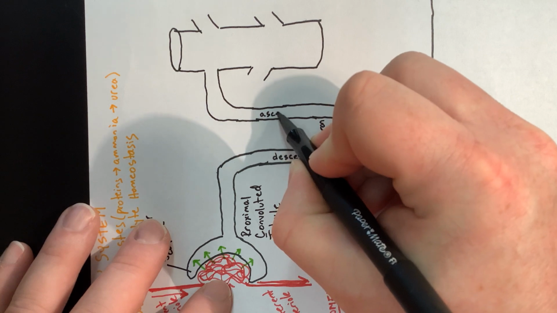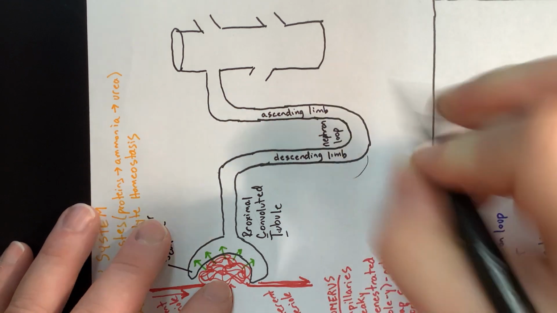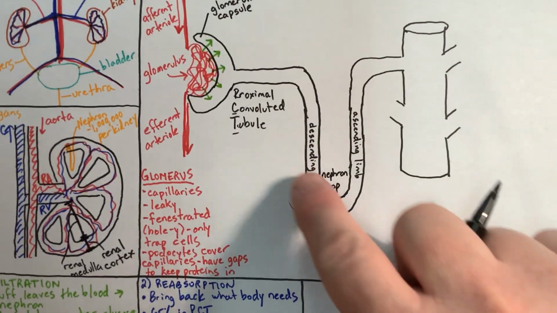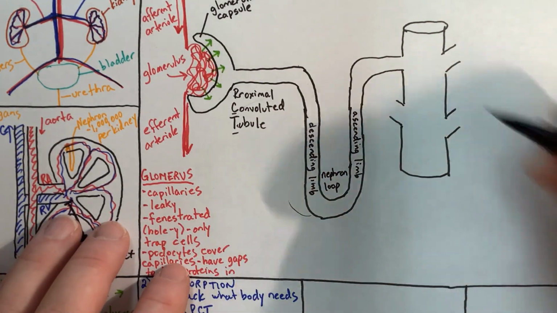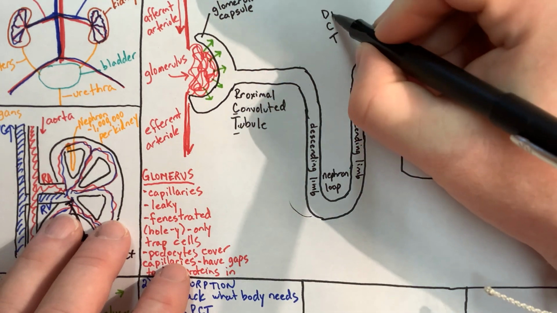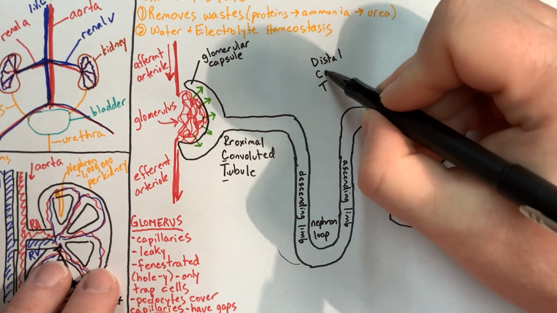And then this one's called the ascending limb of the nephron loop. And then hopefully you've kind of guessed it if you're going back here and where this stuff is happening. So then up here, this is our DCT, distal, because it's farther away.